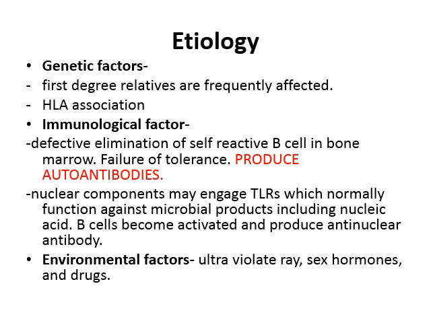Now, defective elimination of self-reactive B cells in bone marrow and failure of tolerance produce the autoantibody. The nuclear components may engage toll-like receptors, which normally function against microbial products including nucleic acid. B cells become activated and produce anti-nuclear antibodies.